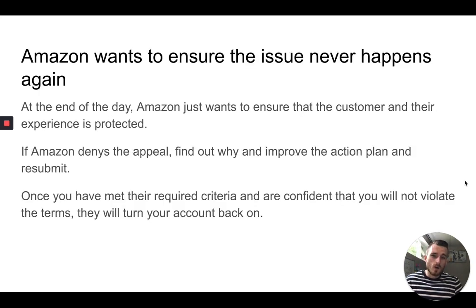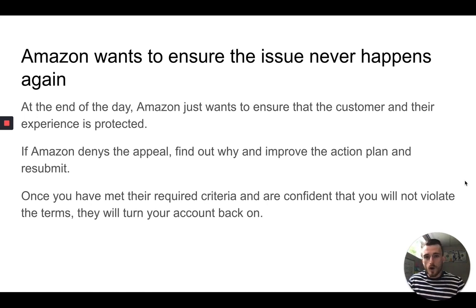Amazon basically just wants to ensure that at the end of the day, their customer and their customer experience is protected. That's all they want to protect. So if they believe that you're doing something wrong, they're going to suspend your account until they can dive in, see what happened, and if you're doing something wrong, then they'll allow you the chance to get your account back with an action plan, right?